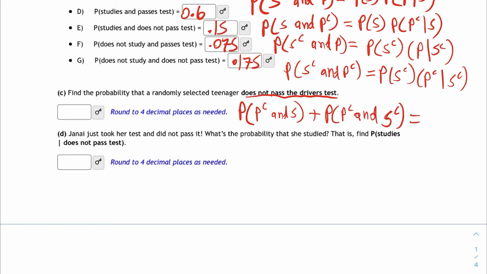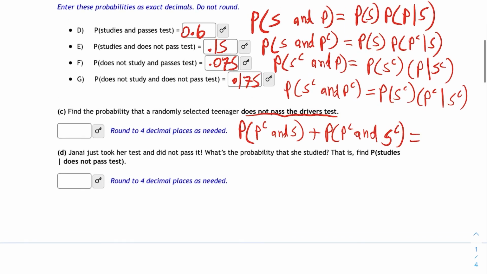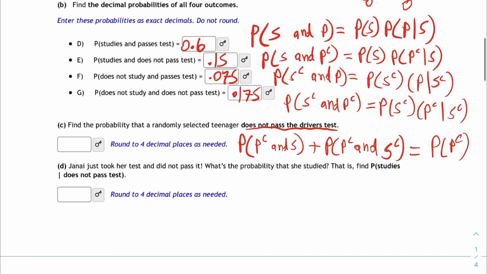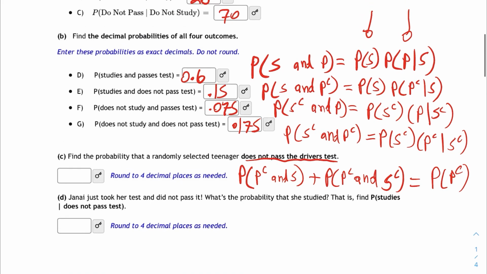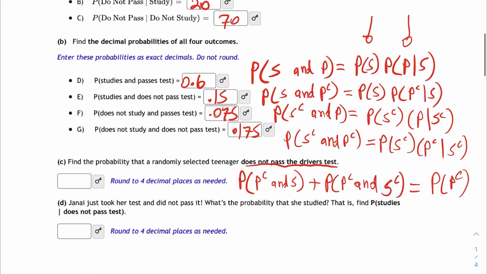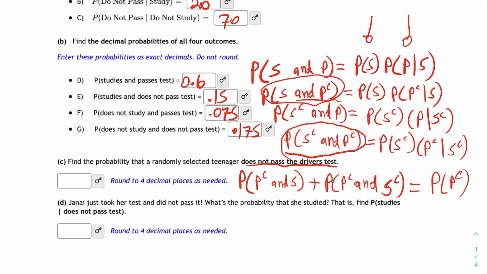So the total probability of not passing, the complement of passing, is equal to the sum of these two probabilities here: the probability of not passing and not studying, and the probability of not passing and studying. So that's 0.15 plus 0.175.